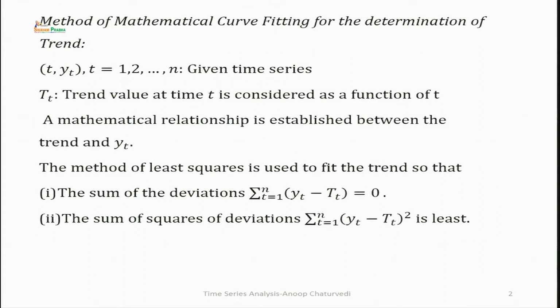So, suppose you have n observations of the time series. So, we denote it as bivariate data t, y t, t equal to 1 to n. So, this is the given time series, and suppose capital T t is the trend value at time t, and we consider this trend value as a function of time t.